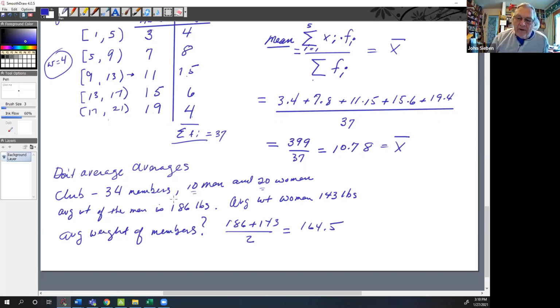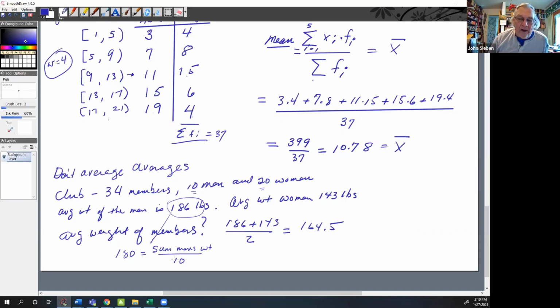Now, if we say the average weight of the men is 186, then 186 is equal to the sum of the men's weight divided by how many are there? There are 10. So if I multiply here by 10, I would have the sum of the men's weight as 186 times 10.